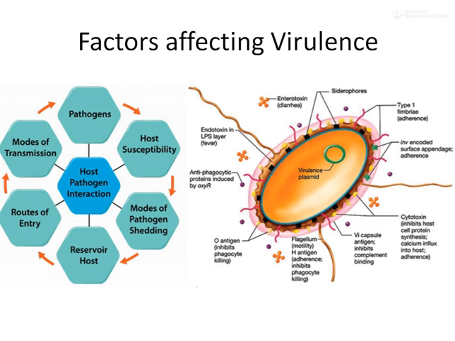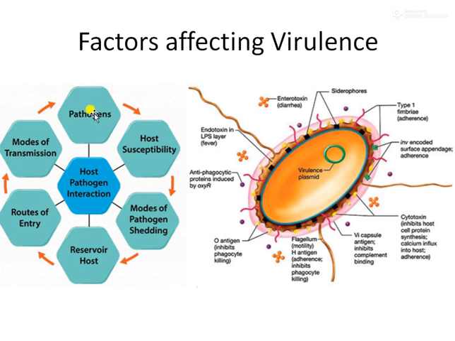Often you can see that there occurs a chain of interactions between the host and the pathogen. The host susceptibility is something which will influence the virulence, and the host-pathogen interactions will further control it.